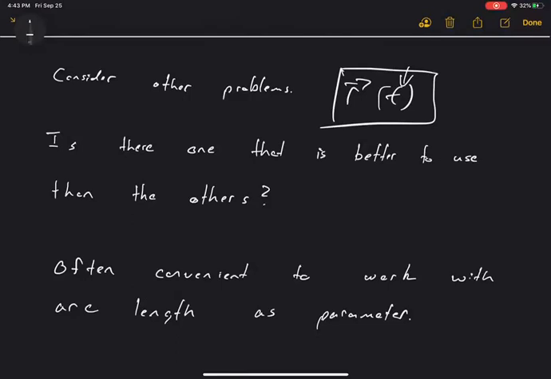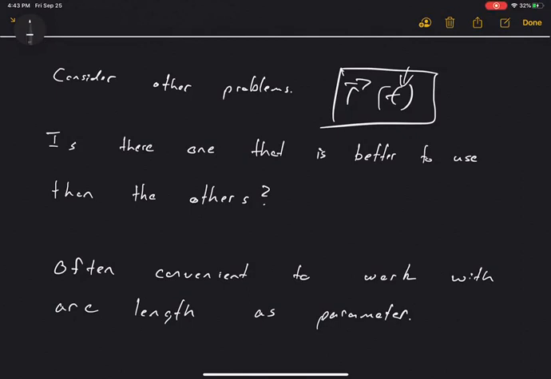I could take its derivatives, integrals, and all that, all with respect to this parameter t. But we've seen so far that this t is kind of arbitrary. I could use some other parameterization. And the question is, is one parameterization better than another?